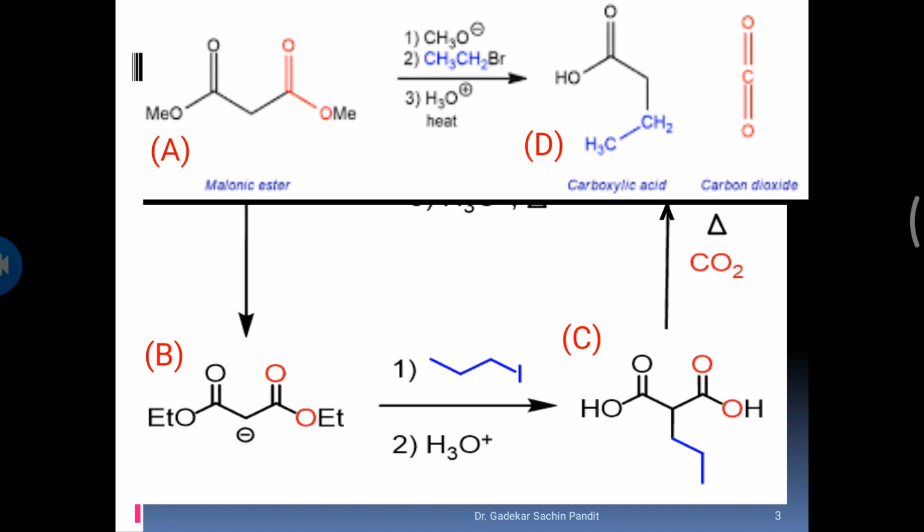This enolate B reacts with ethyl iodide or propyl iodide in an alkylation, a substitution reaction. Hydrolysis then forms compound C, a diacid, and on heating it decomposes to form compound D. A converts to D.